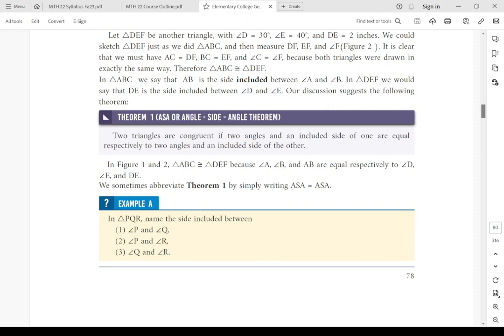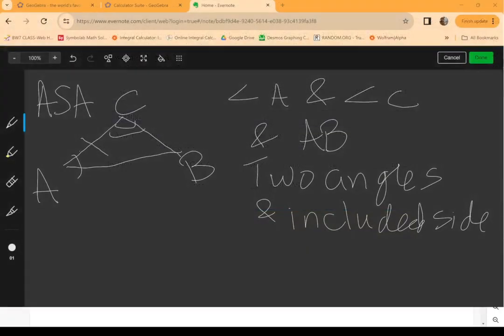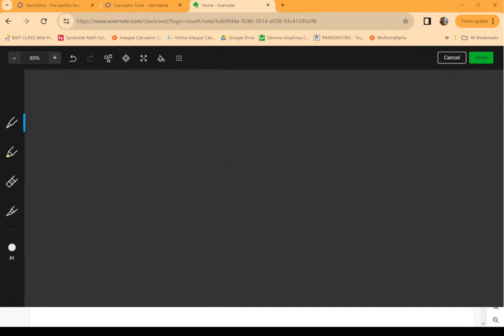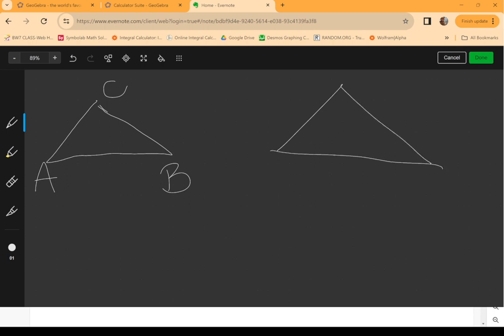Let's go back to my notes. Say we have two triangles, triangle ABC and triangle DEF.